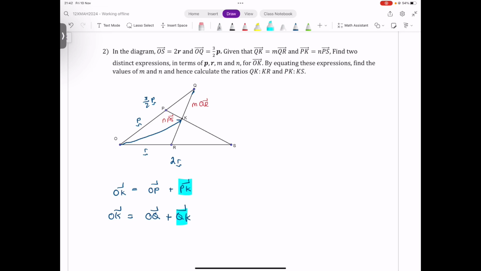Well, we know, for example, PK first up. PK is equal to N times PS. So let's find PS. PS is this vector here.